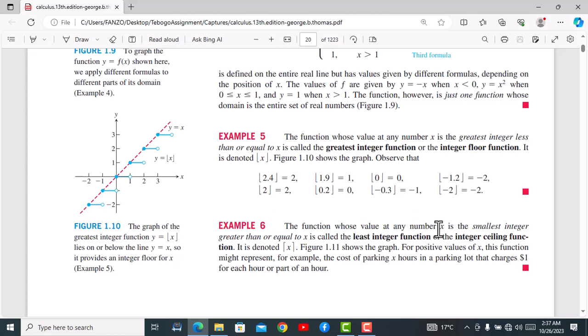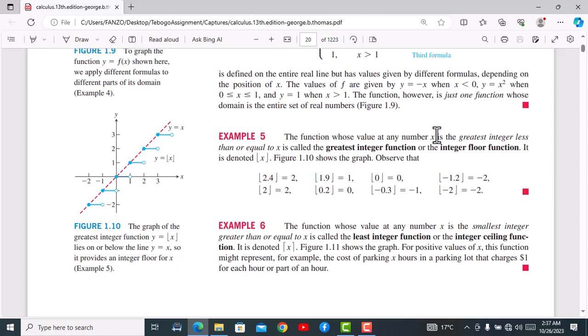So the function whose value at any number x is the smallest integer greater than or equals to x is called the least integer function. So this one is the greatest integer function. Why? The function whose value at any number x is the greatest integer less than or equals to x is called the greatest integer function.